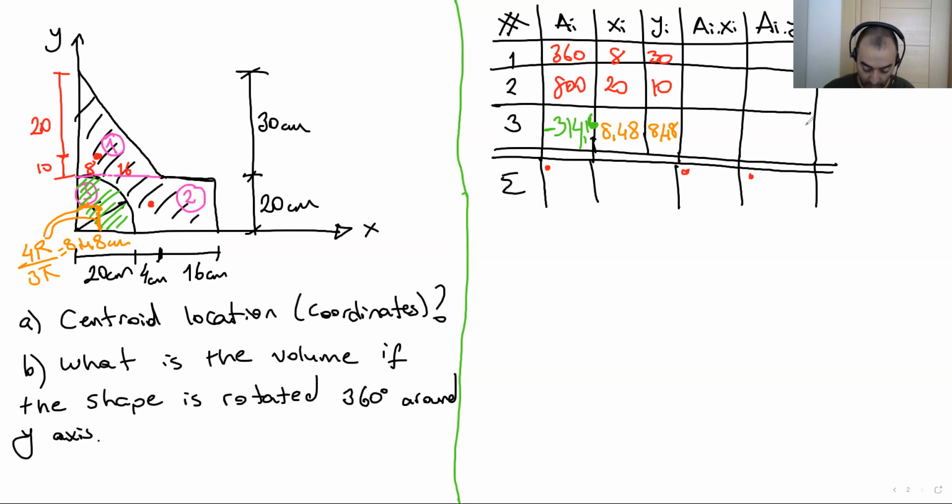I have the calculator, times, here, and times. So we will get negative numbers here.